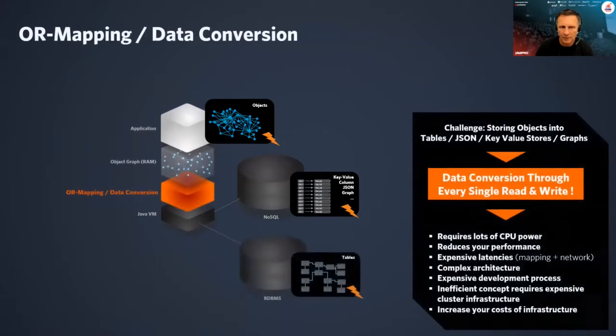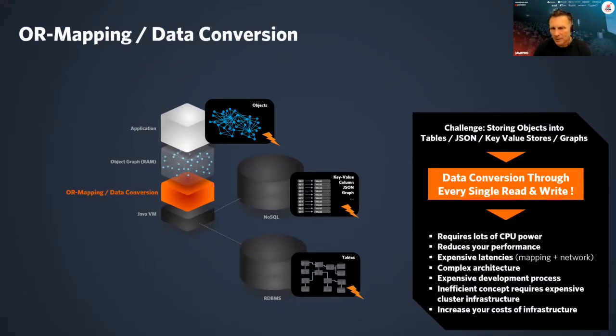And for the relational databases, we have the object relational mapping frameworks. And Hibernate here is the standard. And what mapping actually means is converting data behind the scenes. Through every single read and write, we have to convert data or generate code behind the scenes.